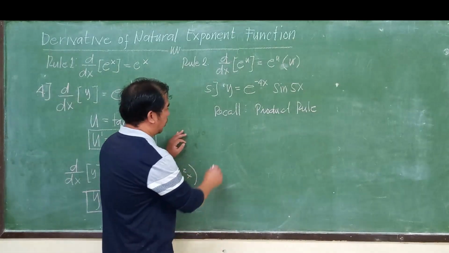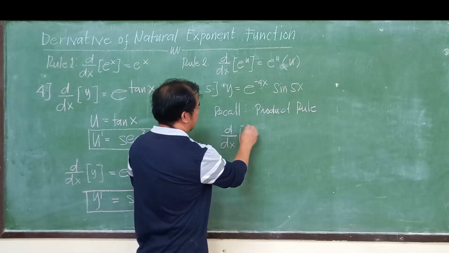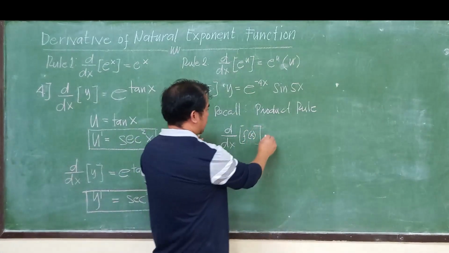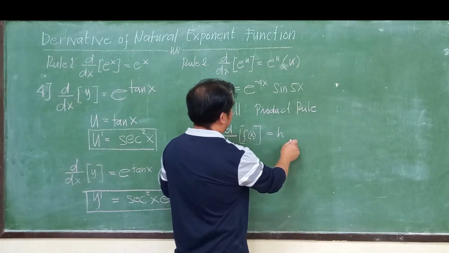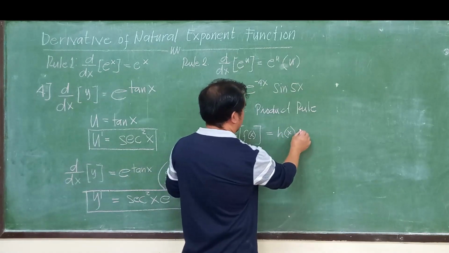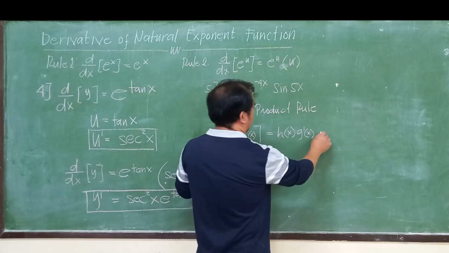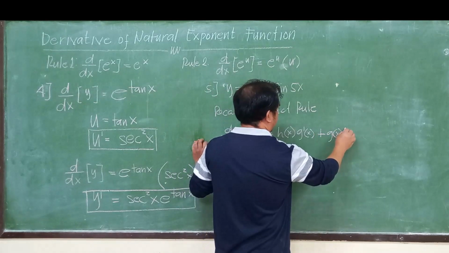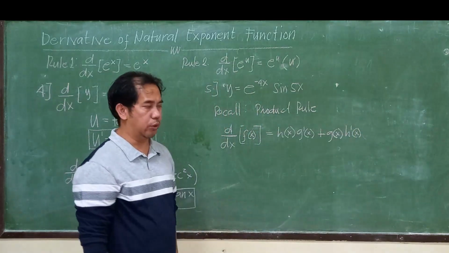When we have the product rule, d over dx of f of x is the same as h of x multiplied by g prime of x plus g of x multiplied by h prime of x. So that is what we are going to apply.